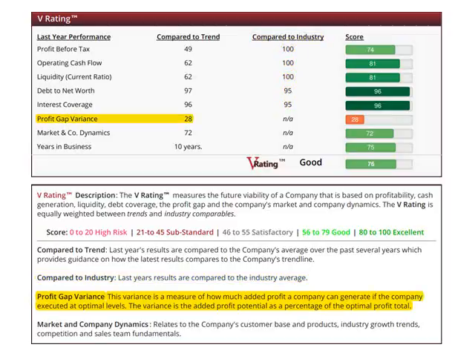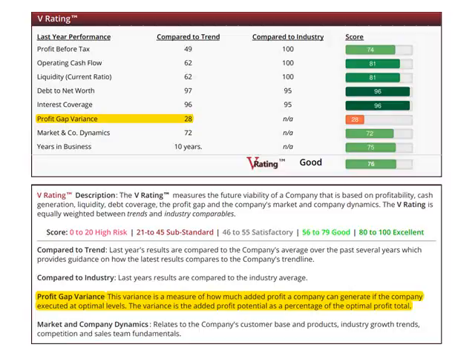The profit gap variance calculates the additional profits a company could realize after considering the profits the company could achieve had they operated at their optimal level. This concept was explained in detail in the executive summary video. The higher the rating, the better and more consistent the company's performance.